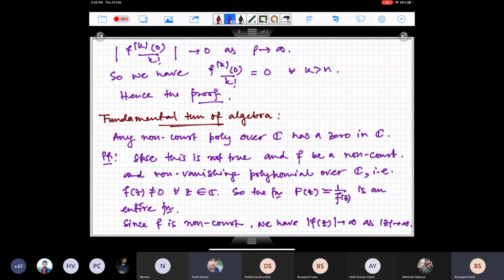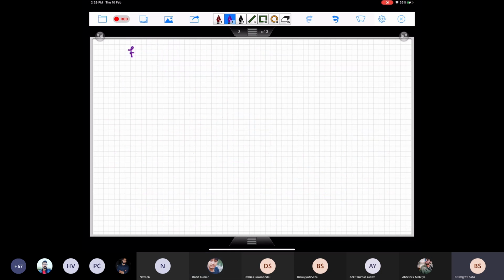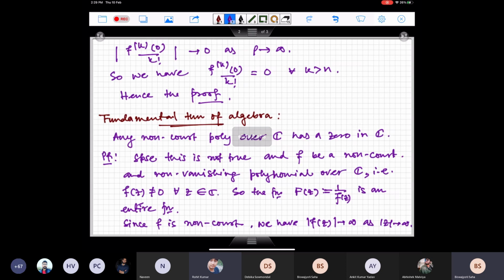Okay, so this is something which one can show, and I'm not proving this. If you wish, you can try doing that. For example, if you write f of z as a naught plus a1 z and so on up to an z power n, of course I am interested in understanding the behavior of this as mod z tends to infinity.